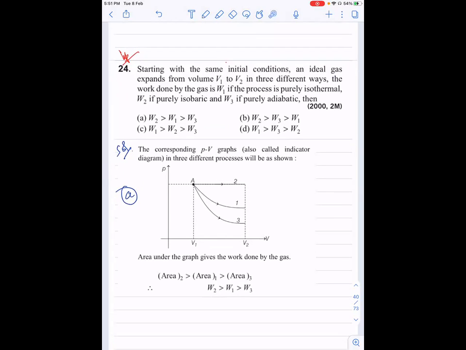Also called indicator diagram. Are you there or not? I am not getting your response. Yes, sir. Okay. Any doubt? No, sir. Okay.